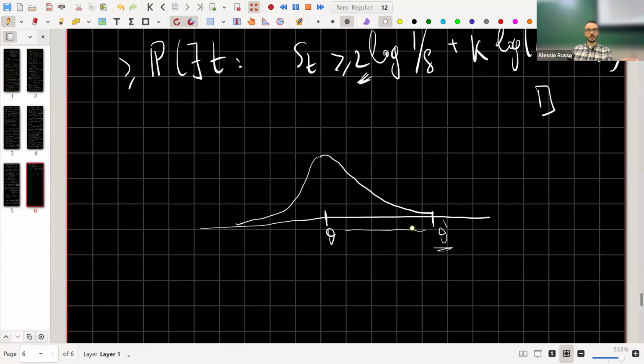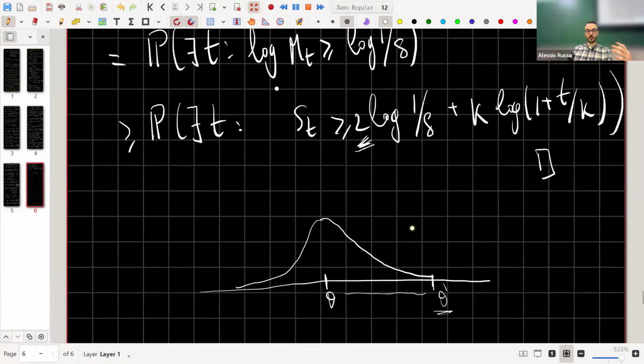So if this theta prime belongs to the tail of the Gaussian, and the probability of this theta prime is very small, so the likelihood of this theta prime is small, then you are discounting this model too much. And this is also a reason why we get this suboptimality factor 2. In reality, it should be 1.